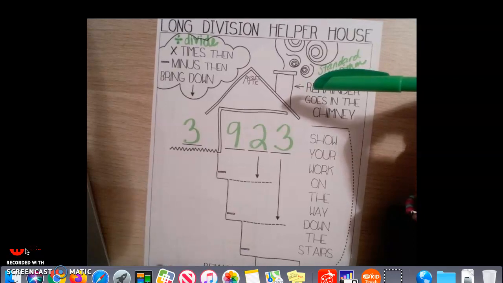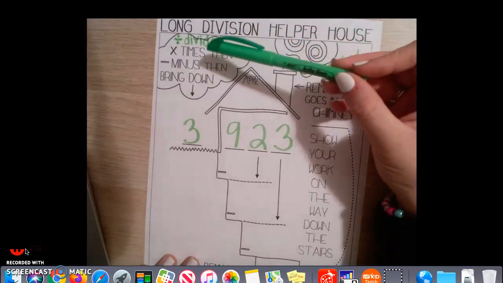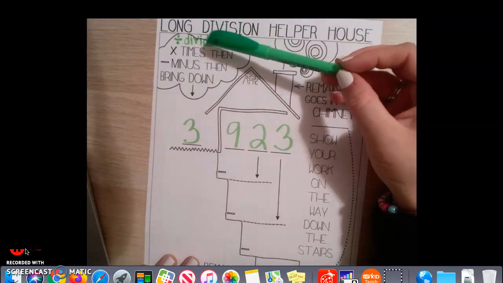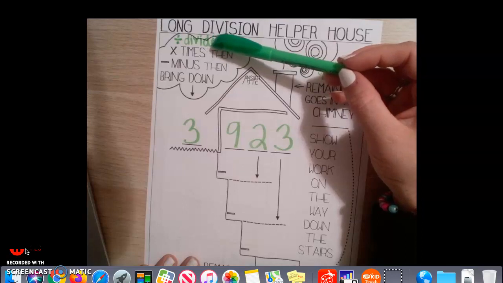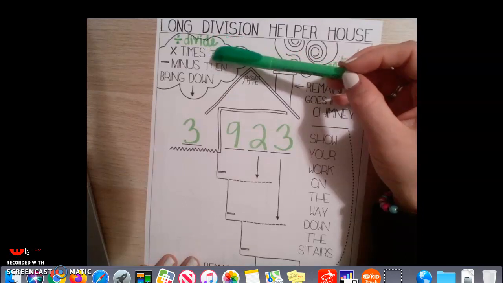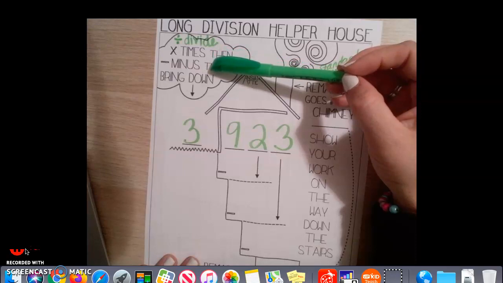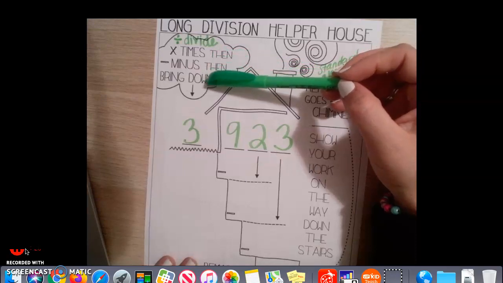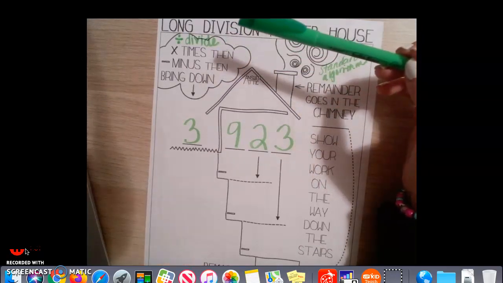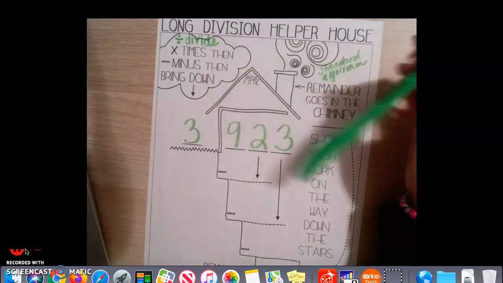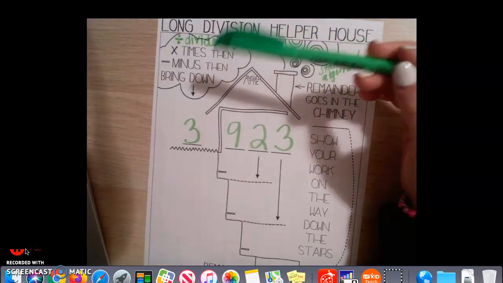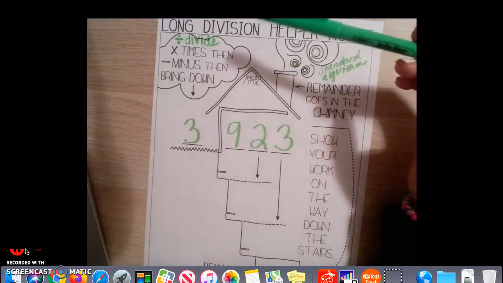So there's a few steps that we can follow in order to divide here. So the first one, I added this, so I want you to write this in. Divide, multiply, subtract or minus, and then bring down. So anytime that you're listening to a screencast, if you need to pause and get something written, just do that.